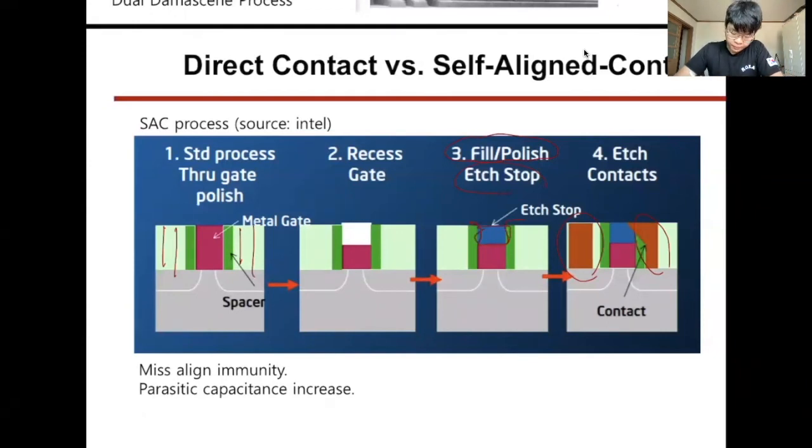Then, for the defect part of the not conformal metal gate, we etch down the contacts to prevent killer contact defects. However, it also has an important problem: the thickness between the metal and the spacers is not even, so it can cause the total capacitance to increase.